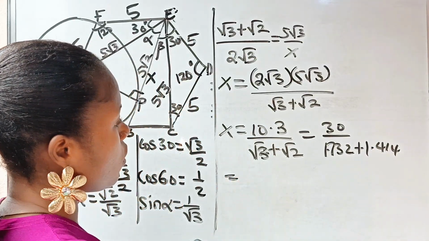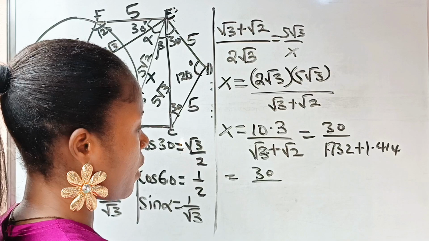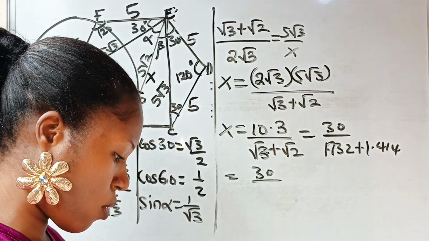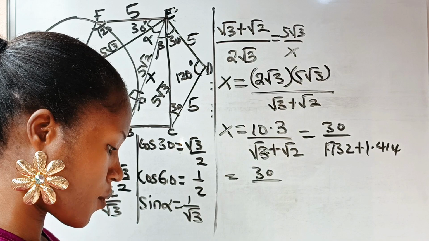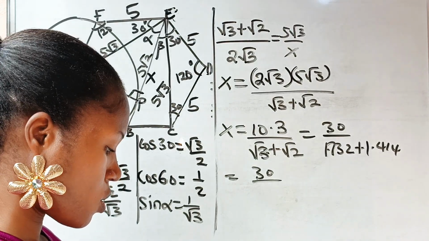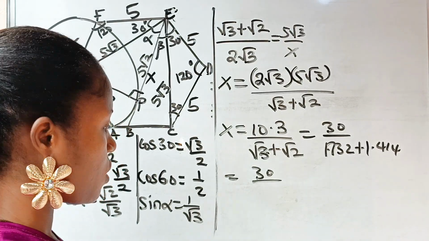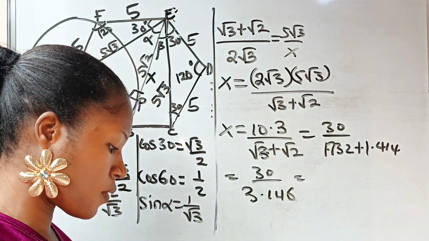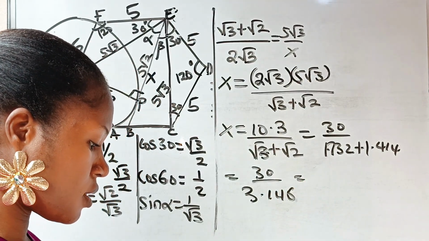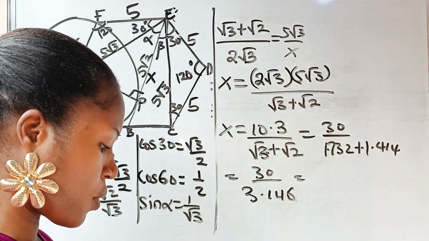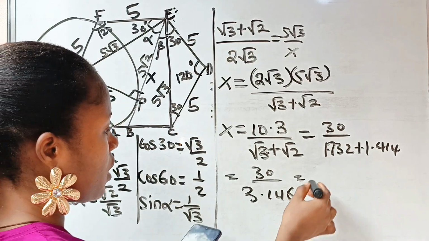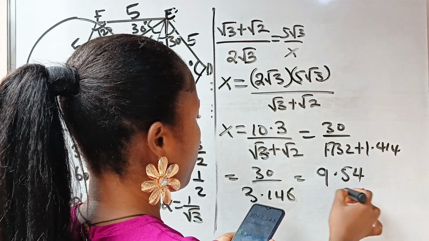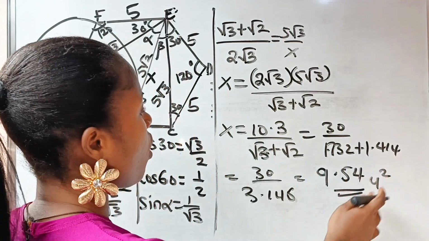Okay, so this is equal to 30 divided by 1.414 plus 1.732. So we have 3.146. Now if we solve this, 30 divided by 3.146 approximately, we are going to have 9.54 as the value of our X.